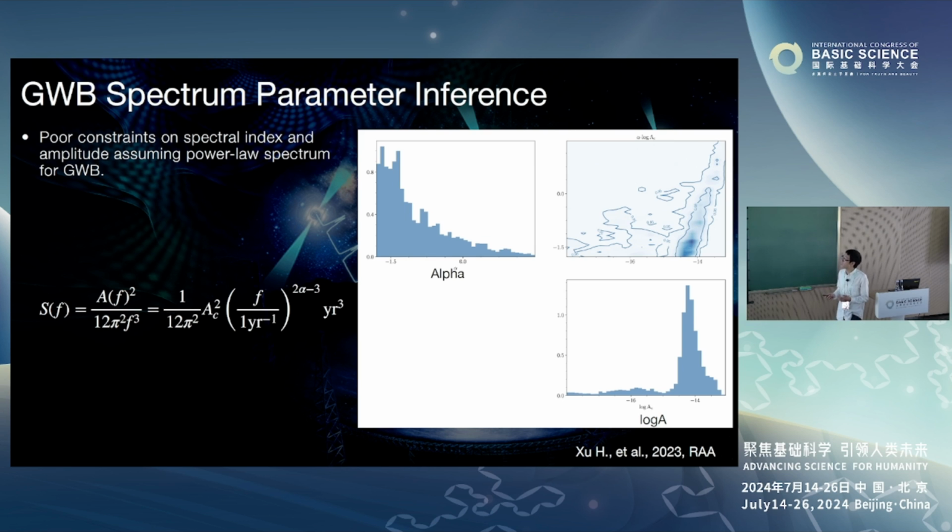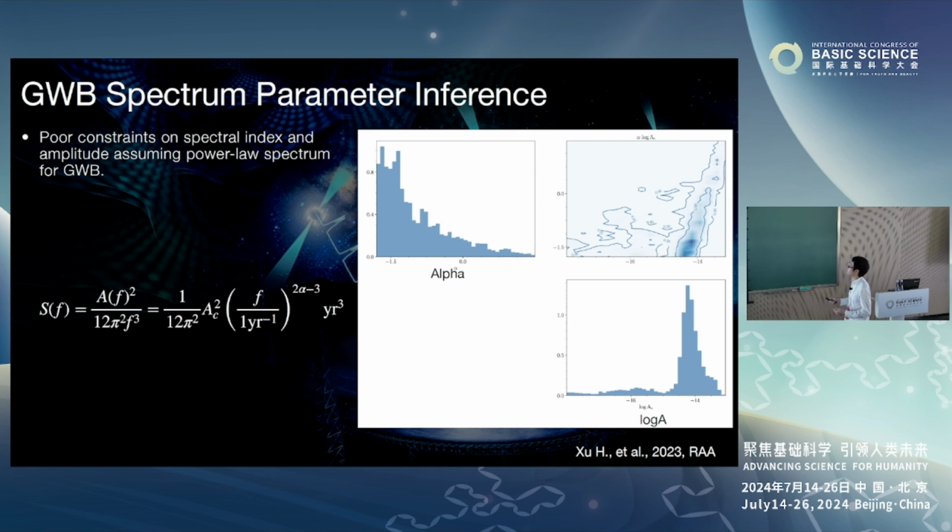Just like other PTAs do, we basically search for the common red signals in the timing data using the CPTA DR1. We just assume a power law spectrum like everyone does, and we infer the spectral index and the amplitude of this common noise process in the Bayesian framework.